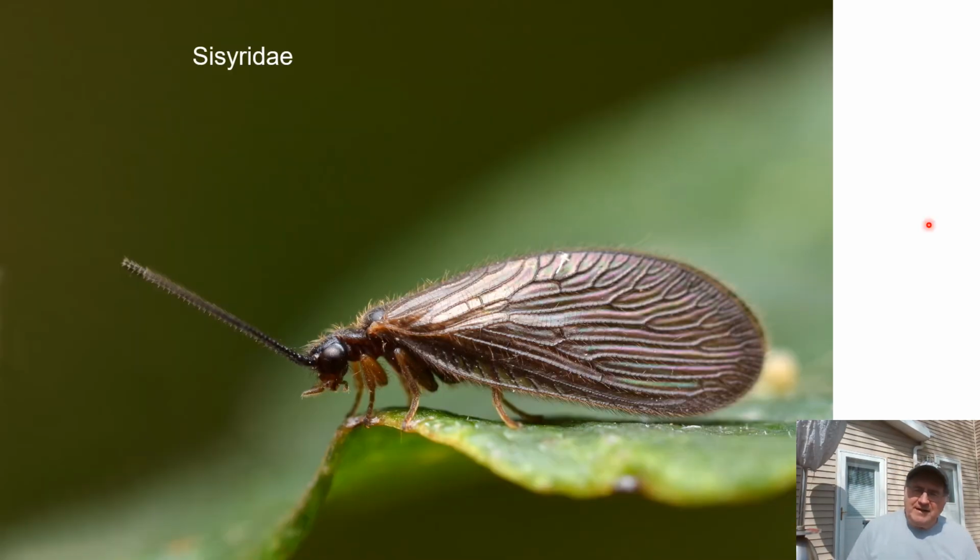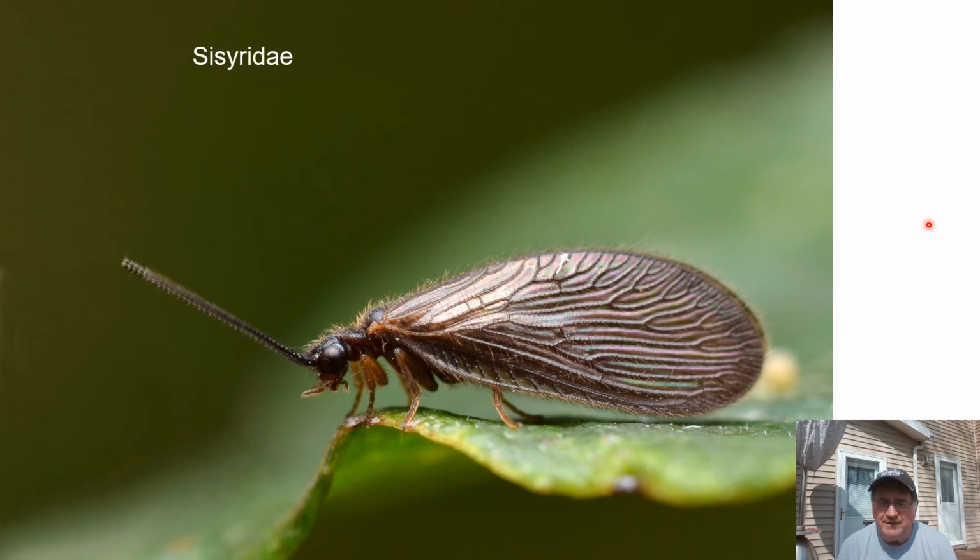The Sisyridae are actually, so this looks like a big insect, right? That thing is probably about a centimeter long from the tip of the wing to the front of its head. So they're small, but they're not particularly uncommon. They are very interesting, though, in that they lay their eggs near waters, and then the larvae enter the water, where they live as obligate predators, get this, of freshwater sponges.